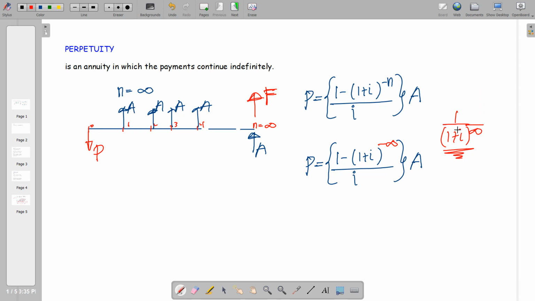So 1 over a larger value would mean this would almost be equal to 0, or probably it is 0. So napakalaking divisor sa isang unit. Parang yung candy, i-divide mo ng 1,000,000, wala nang matitira dun. So that is the case. That is almost equal to 0, so we set that one equal to 0. So what is left in the formula is this one: the present worth is equal to A over i.